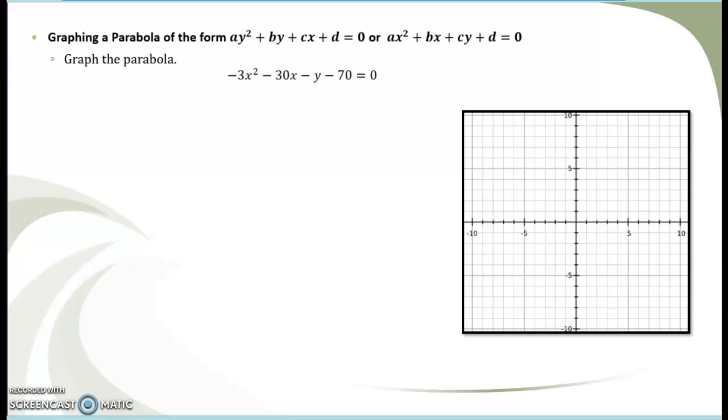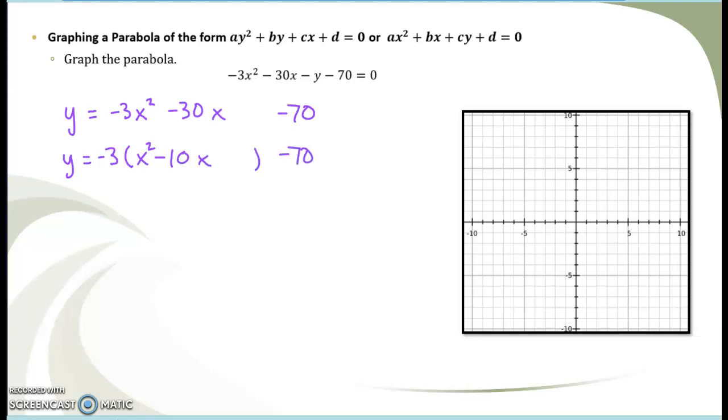Now you can see we have an x squared term, so I'm going to add y to both sides, and I get y equals negative 3x squared minus 30x minus 70. So y equals negative 3 times x squared minus 10x, minus 70.